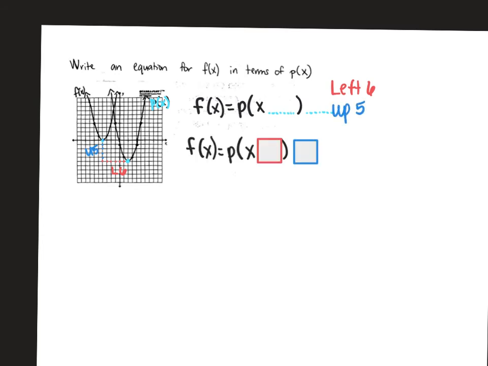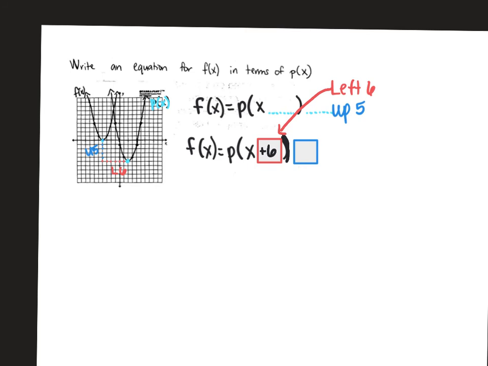Okay, and we are going to need to fill in our functions. Because we're solving for f of x, f of x is on the outside. So left 6 goes inside our parentheses, and left is plus, and then it's the number 6.